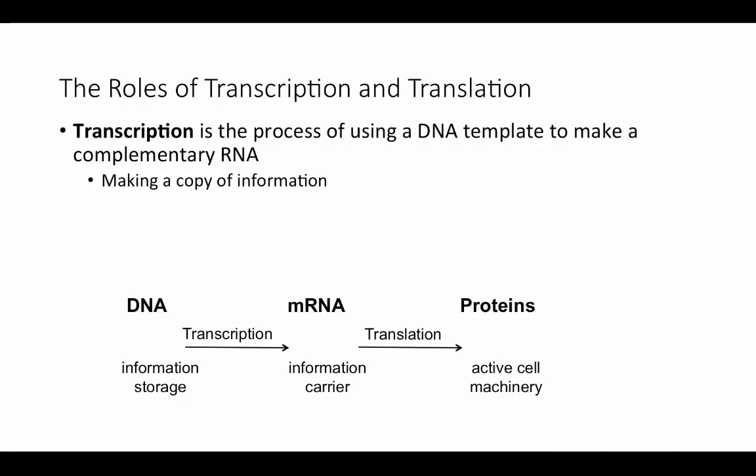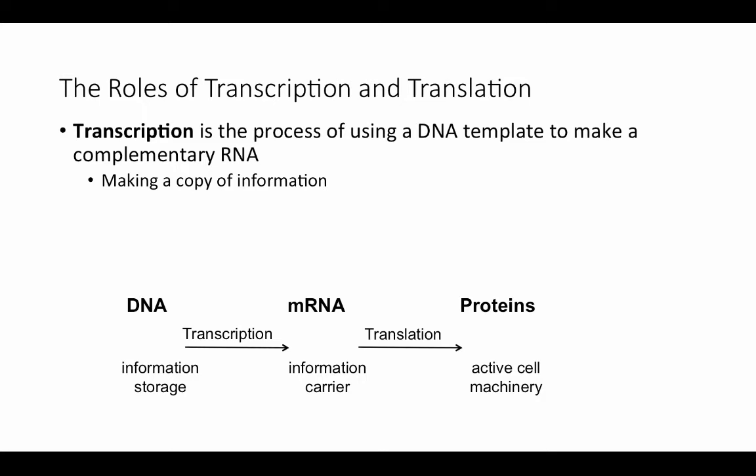So what are the roles of transcription and translation? Transcription is the process of using a DNA template to make a complementary RNA. So this is basically just copying the information. That's what transcribing is, right? If you think of the medieval scribes that were copying books, they were transcribing, just copying from one piece of paper to another.